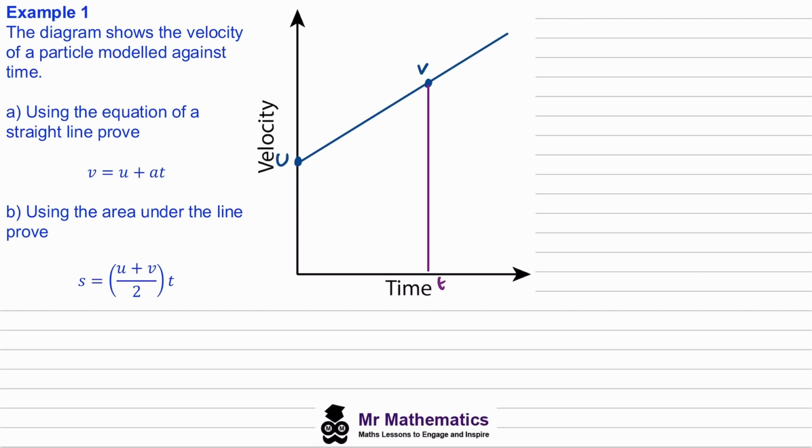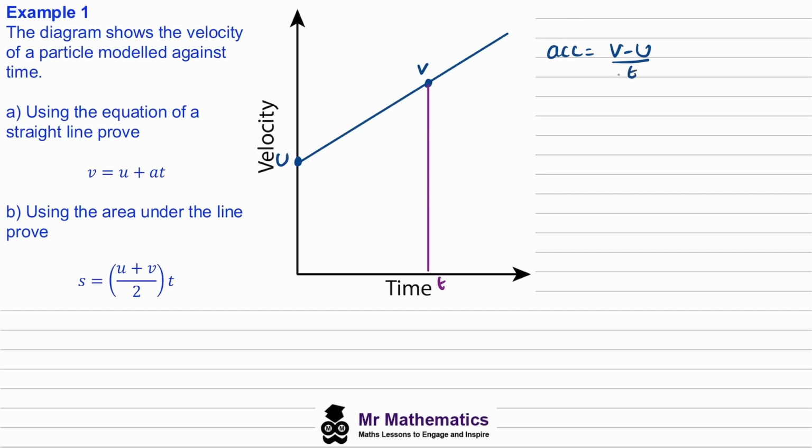Because we know acceleration is the gradient of this line, with change in velocity over time, then the gradient, or the acceleration, will be the change in velocity, so v minus u, over the change in time, which is from 0 to t, so just t.